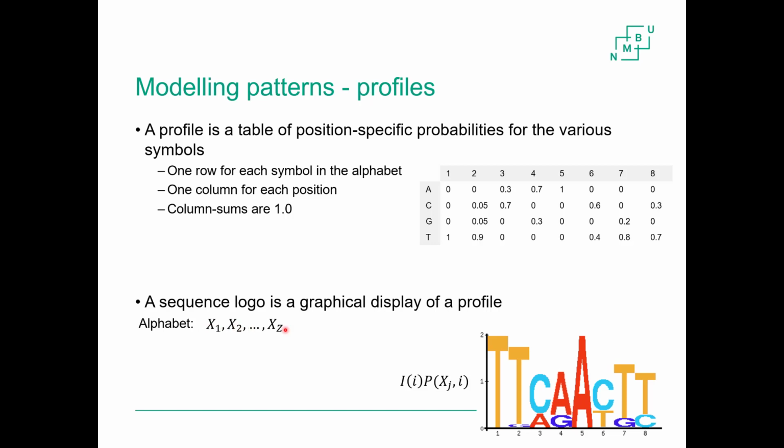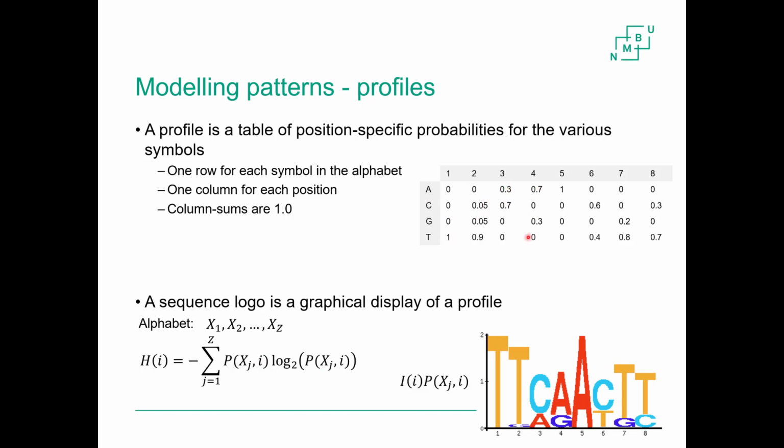So let's look at the mathematics behind these logos. Here we have the symbols of the alphabet. In our case, A, C, G, and T, but in general, it's an alphabet of length Z, right? And then you can compute for each position what we call the entropy.